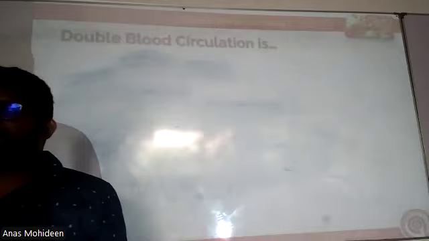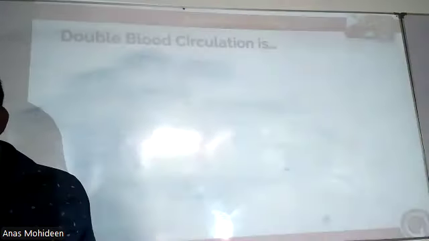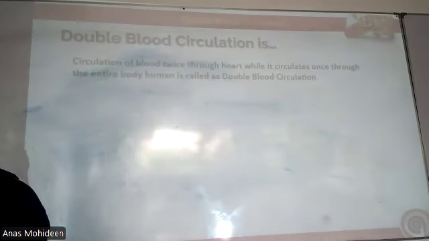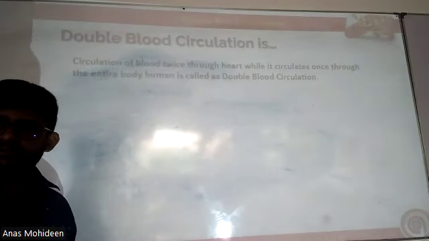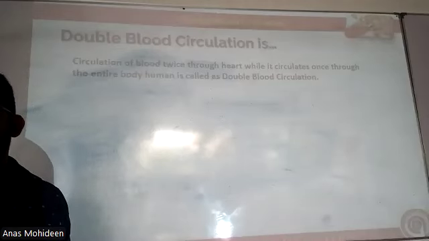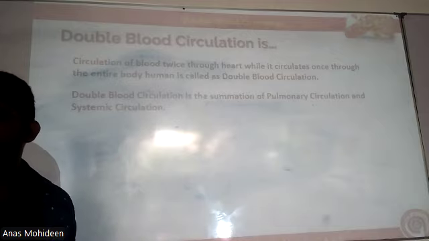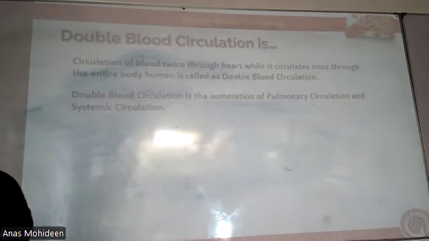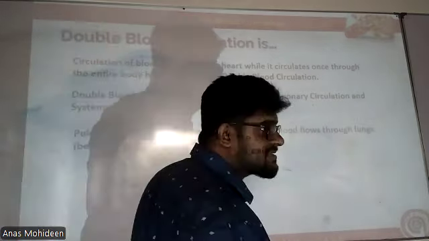In this way, the complete blood circulation happening is termed double blood circulation. What is double blood circulation? Circulation of blood once throughout the body, during which it enters the heart twice. Or else you can say it is the summation of pulmonary circulation and systemic circulation.